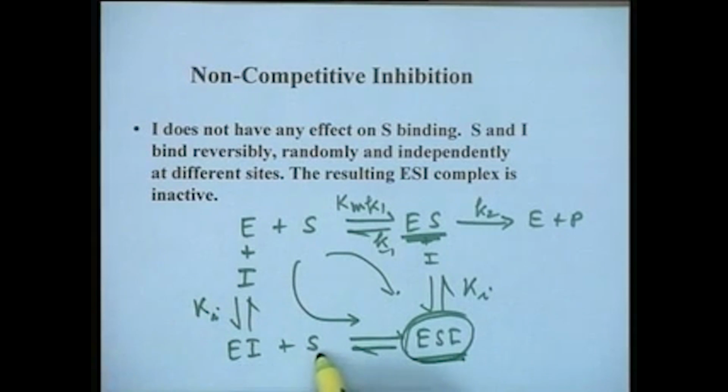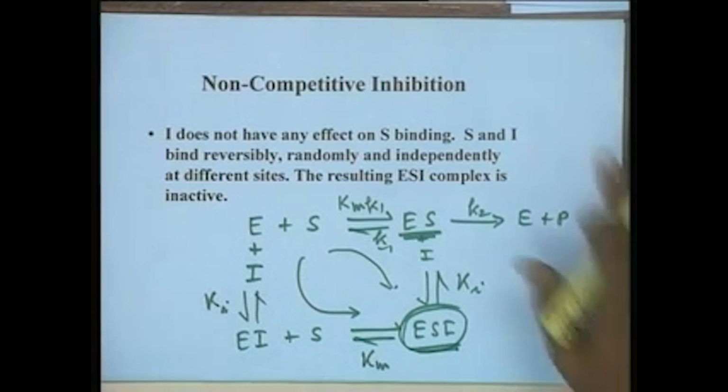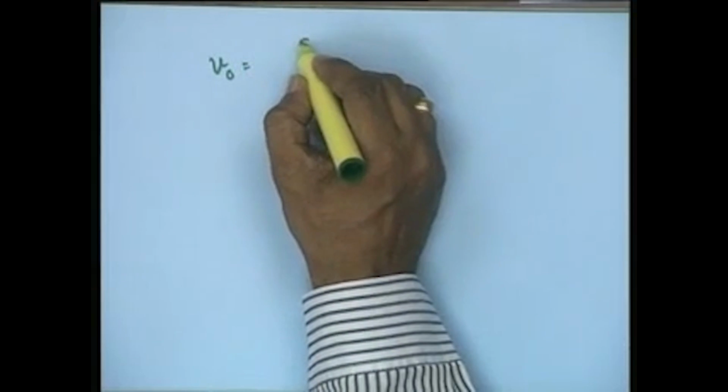Similarly, when substrate binds to the EI complex it is also Km. As I mentioned earlier, there is no interference by binding of substrate or inhibitor onto the enzyme in their subsequent binding process.